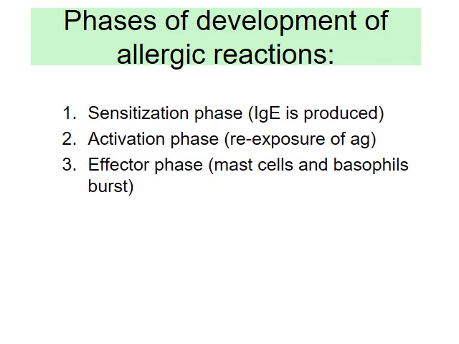So it's not quick to begin with. So what it means is that even if somebody was to have a peanut allergy, for example, your system has to see that peanut for the first time. So it has to get sensitized for that. So if there is no sensitization, there would not be the other phases. So your system has to see that.